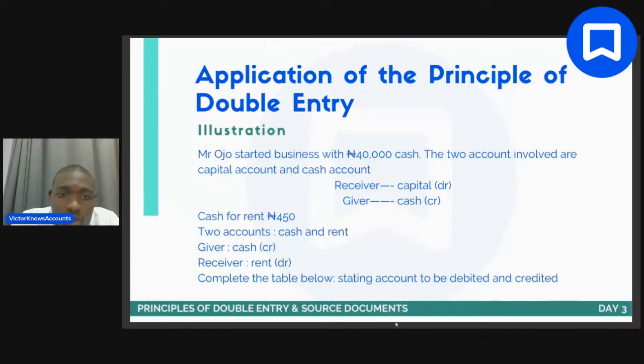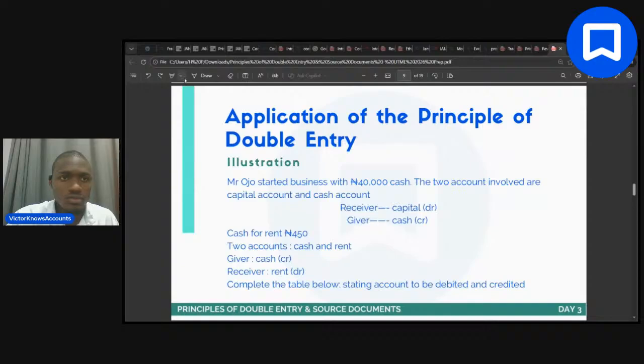All right. So, please, there is a slight mistake here. The two accounts involved are the capital account and the cash account. But please kindly note that the receiver is actually not capital. The receiver is cash, while the giver is capital. So let me try to rectify that. This is incorrect.